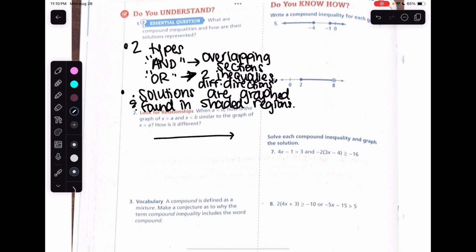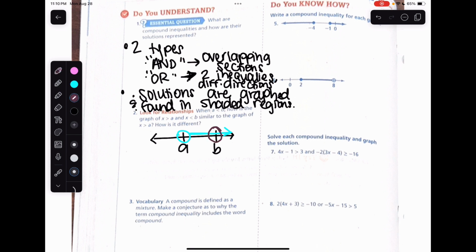So if I've got an A and I've got a B, how is the graph of x is greater than A? So let's graph that. X is greater than A will be an open circle, shaded to the right. And x is less than B, so the other way.